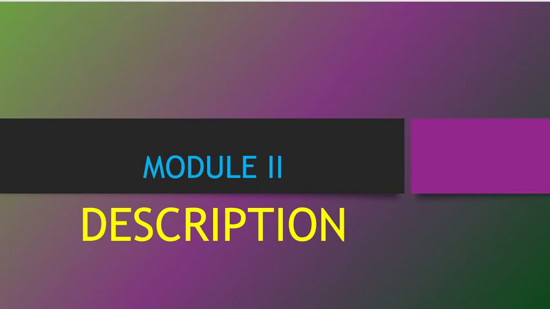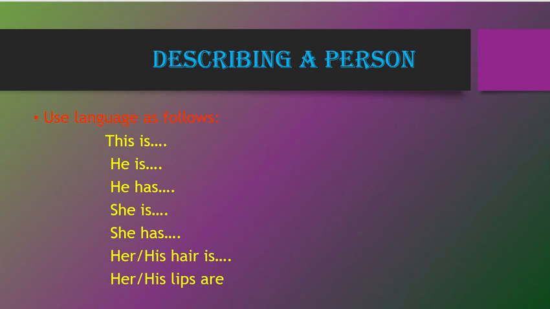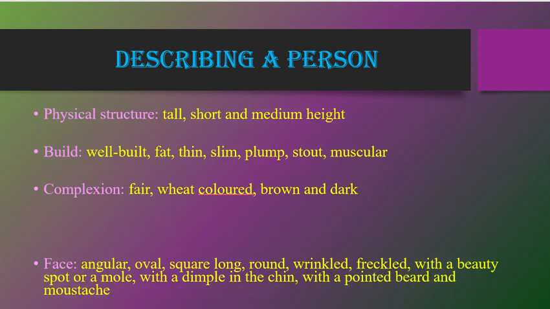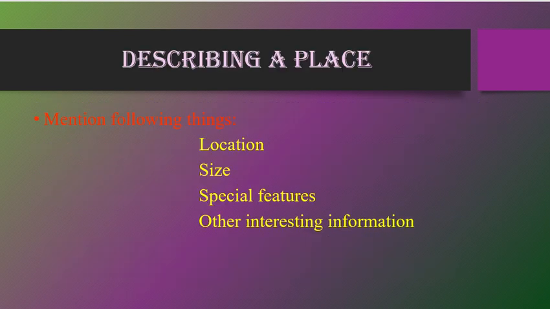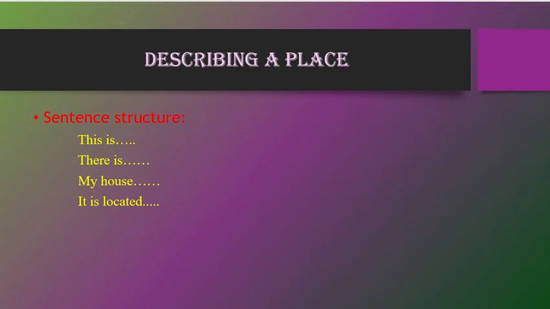Here we studied how to describe a person through age, and also through male, female, girl, boy, child, etc. And then also with the help of face, nose, hair, complexion, height, build, such as. Then after that we studied how to describe a place. Here we should describe a place with the help of location, its size, special features. We studied all these things in detail.